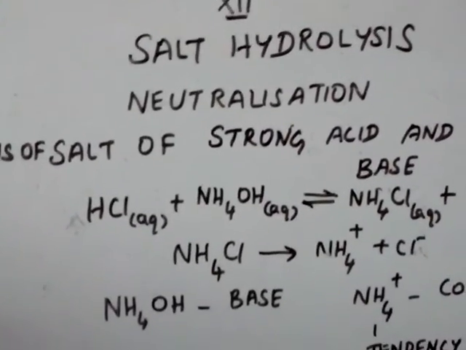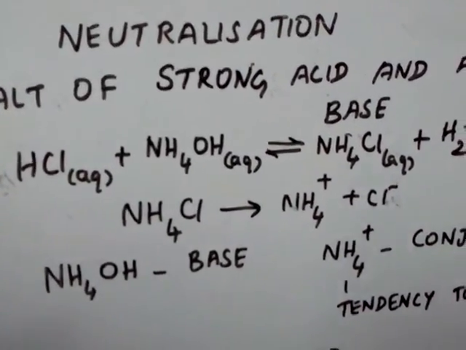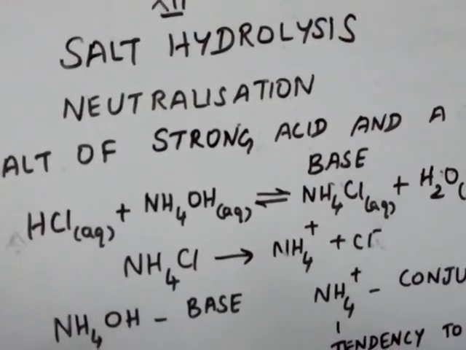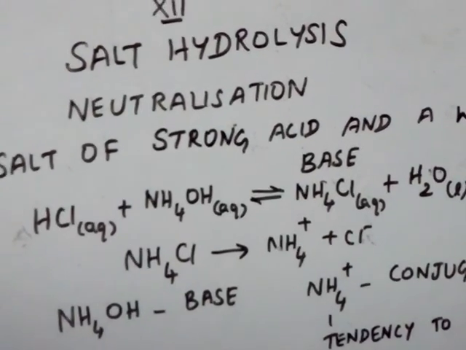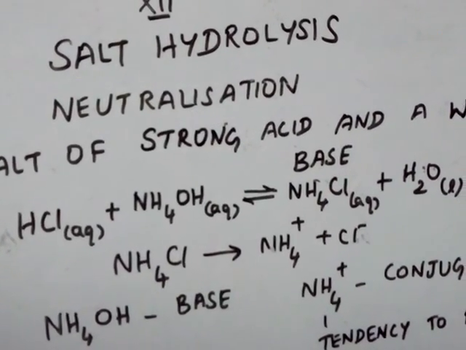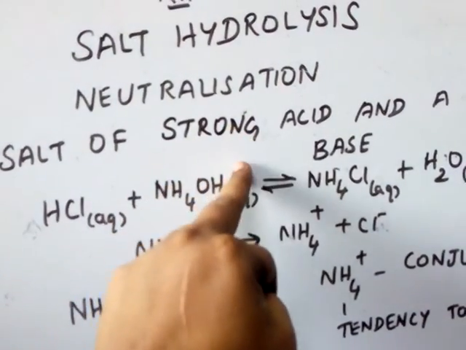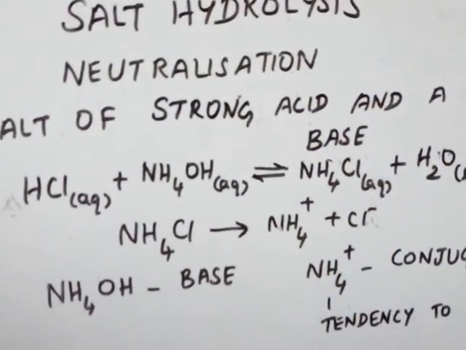Salt hydrolysis, what did we see? Hydrolysis of salt of strong acid and a strong base. Second, hydrolysis of salt of weak acid and a strong base. Third, hydrolysis of salt of strong acid and a weak base.